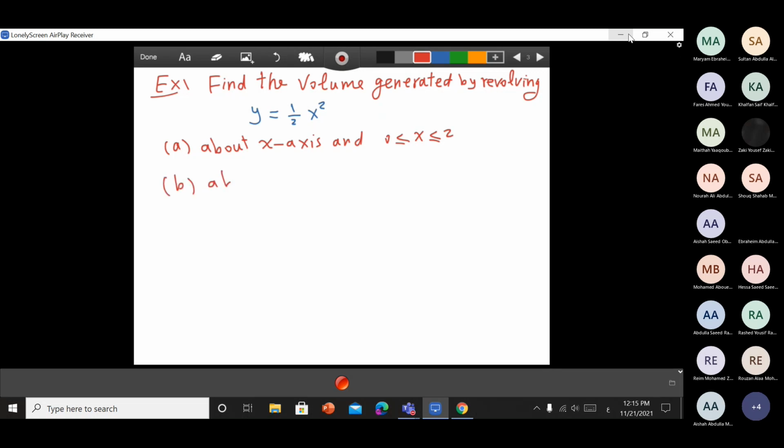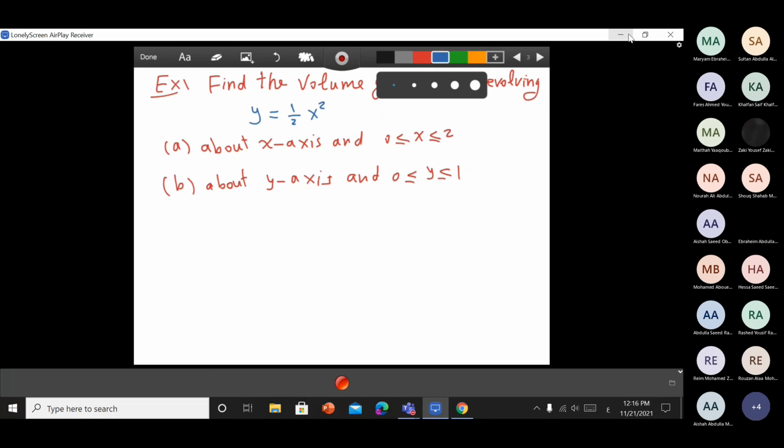Also, the volume when you rotate about the y-axis.